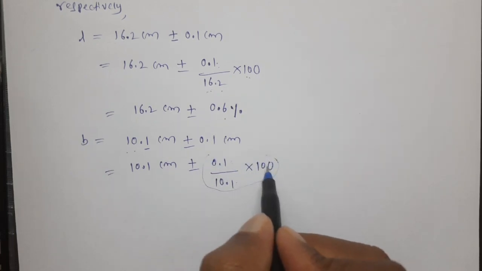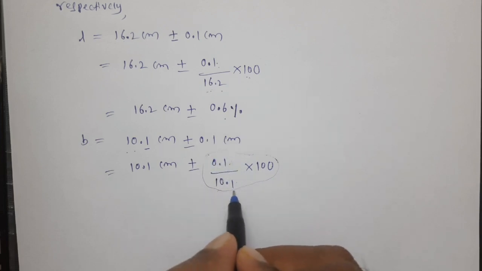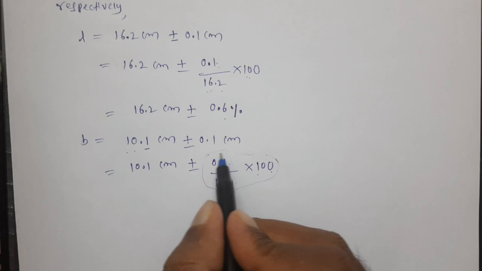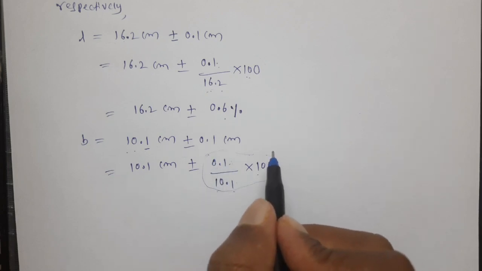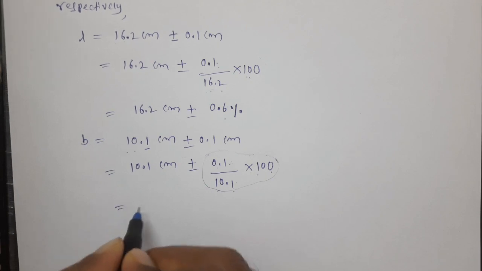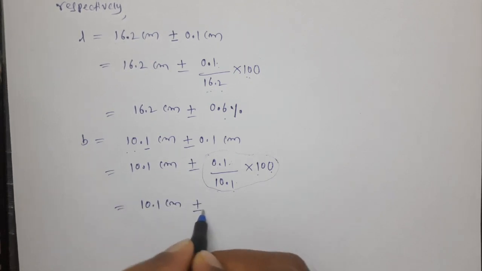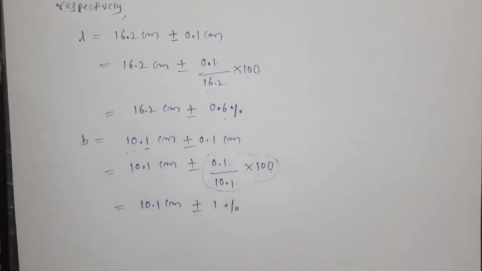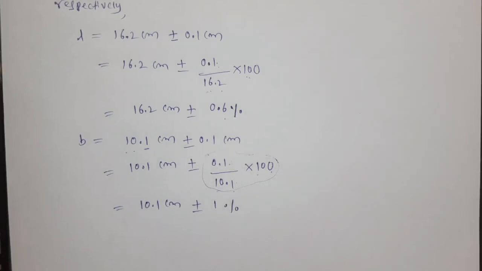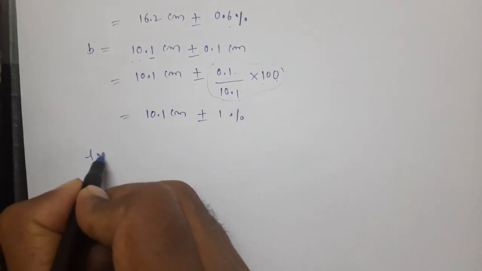Here we have 1, here 3, and here 1 significant figures, so the result must be given with one significant figure. So we get 10.1 centimeters plus or minus 1%. Now let us take L into B.